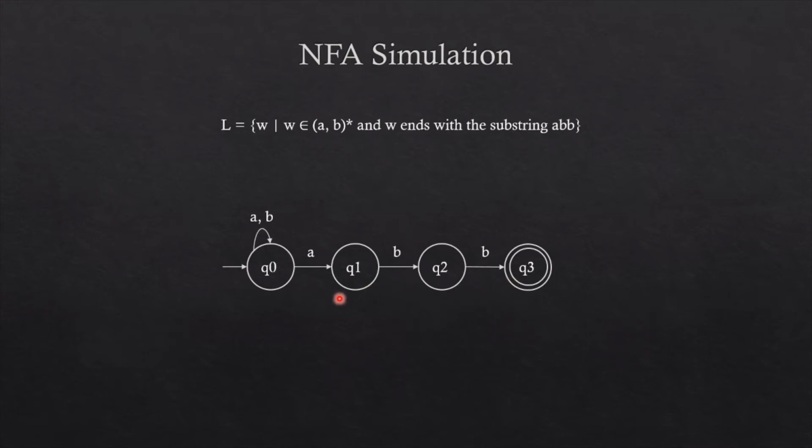But we don't have to do that for NFAs because in case this A wasn't the third last symbol and this B wasn't the second last and this B wasn't the last symbol, then we already have a flow that will go on from here.